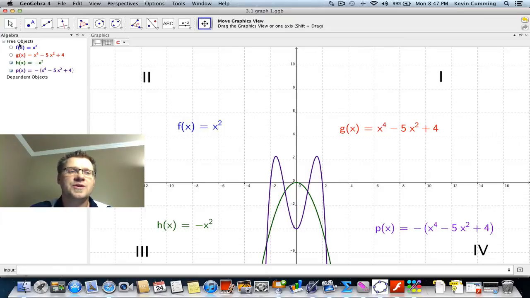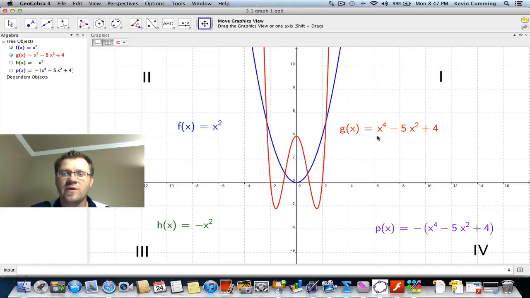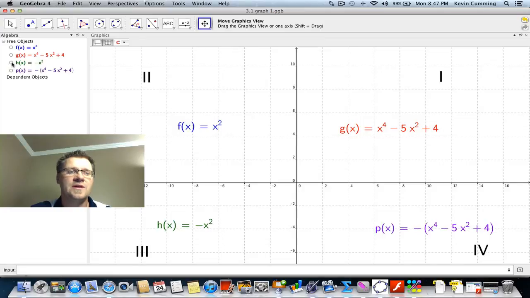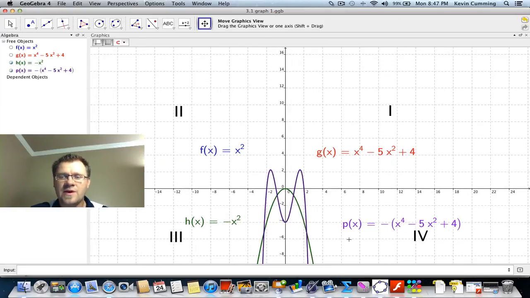So our generalizations that we can make is that if the degree is even, and it is a positive leading coefficient, like positive x squared and positive x to the 4th, it's always going to start in 2 and end in 1. And if it's a negative leading coefficient, but still an even degree, it's going to start in 3 and end in 4.